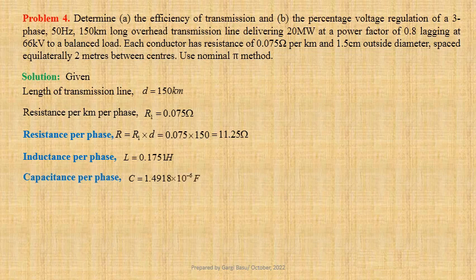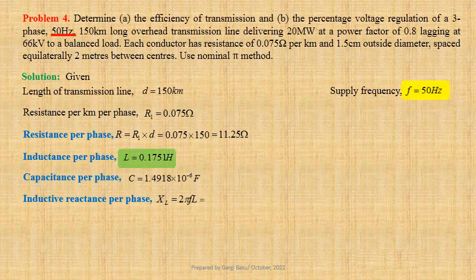Now we shall compute inductive reactance per phase XL equals 2 pi F into L. Given supply frequency F equals 50 Hz. Therefore, XL equals 2 pi into 50 into 0.1751, that gives us 55 ohm.